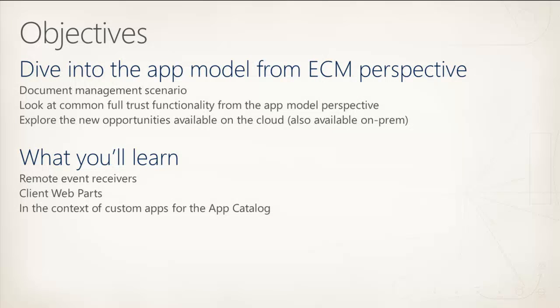So a few months ago, when we started to think about doing a talk about apps and ECM, I was thinking about what would be the best thing that I can show off that will show you something new about the app model. And the first thing that comes to mind when we think about the app model is I'm going to build an app to sell in the marketplace.